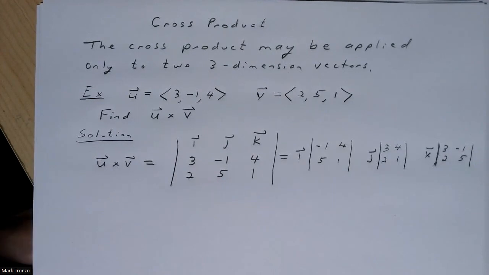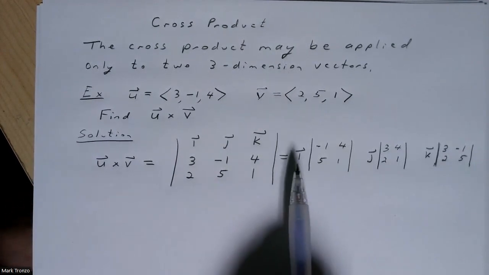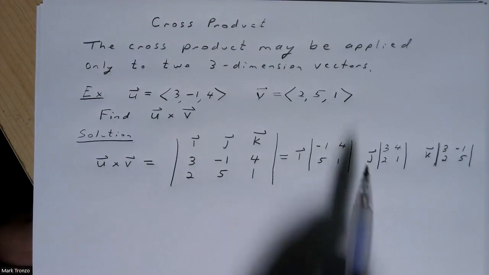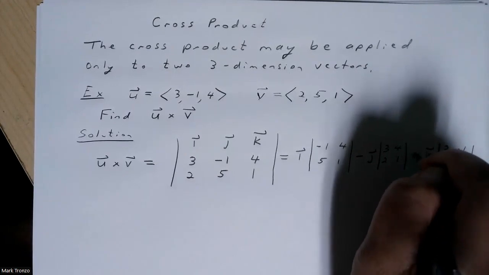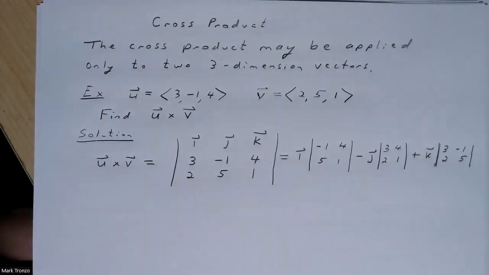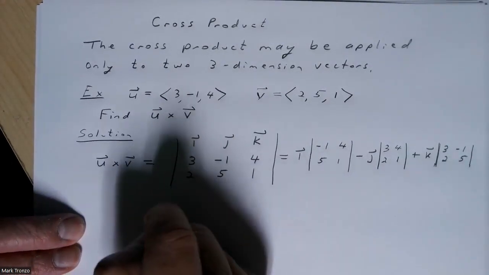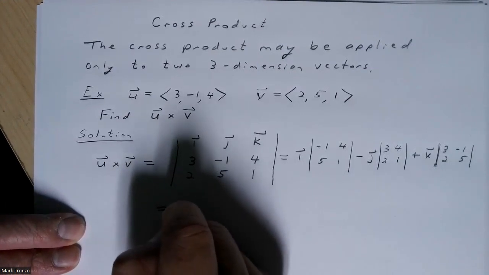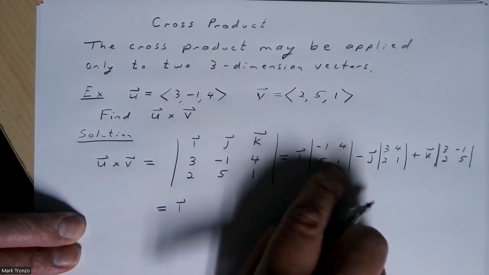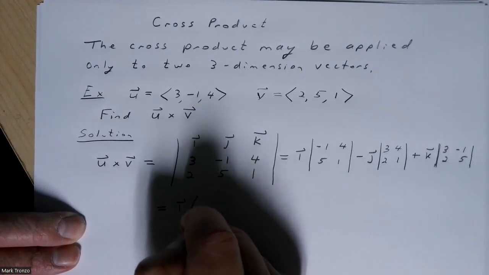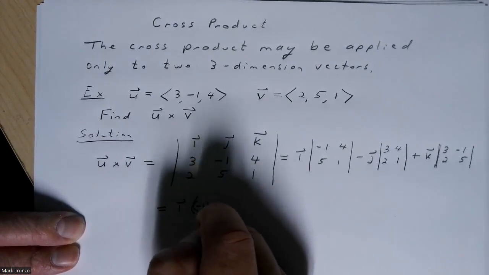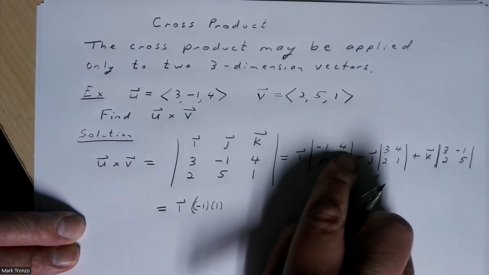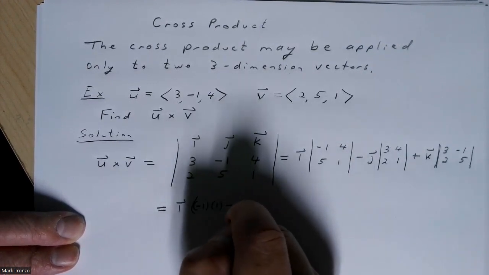And then again, remember when you're doing the determinant, we alternate the signs: positive, negative, positive. And of course, do this determinant here. That's going to be I, upper left times lower right, minus upper right times lower left.